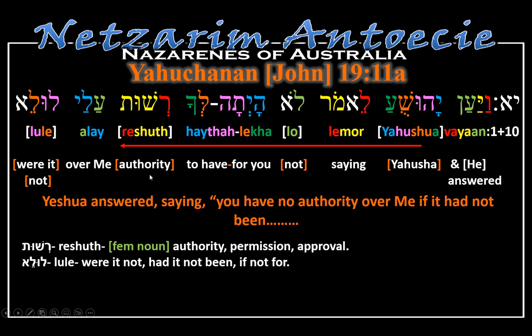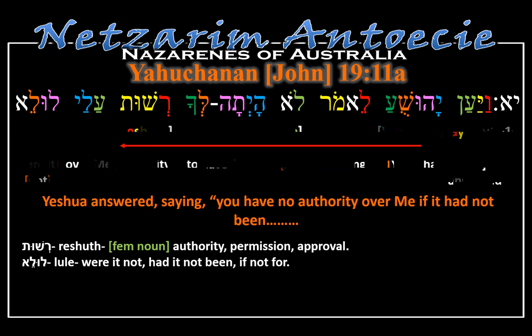So it's translated as authority, right? Alay, over me, because we know al can mean over, by, upon. And then lule, were it not, lule. So let's have a look. Lule, were it not, had it not been, if not for. So they're just the ways we can translate it. So the English here is, Yeshua answered, saying, you have no authority over me if it had not been.